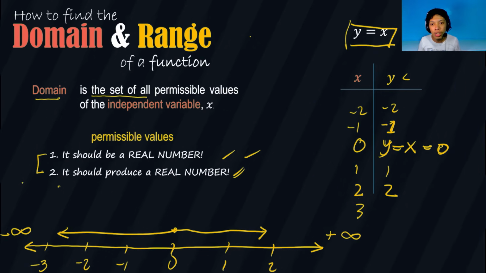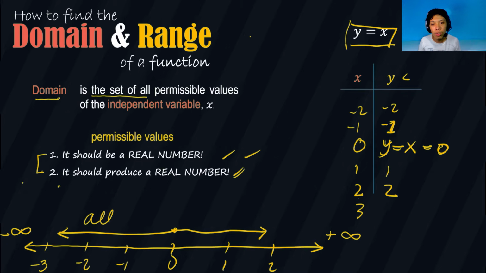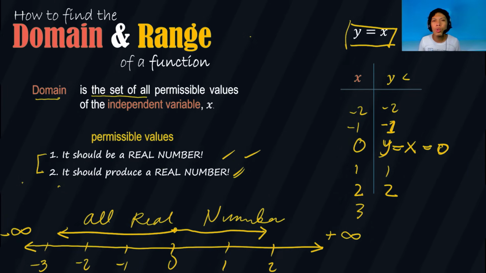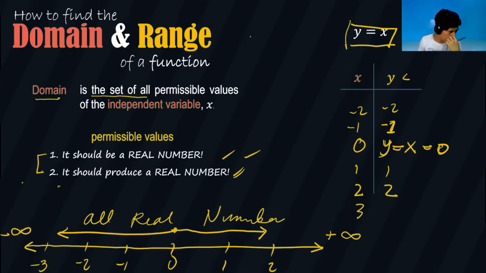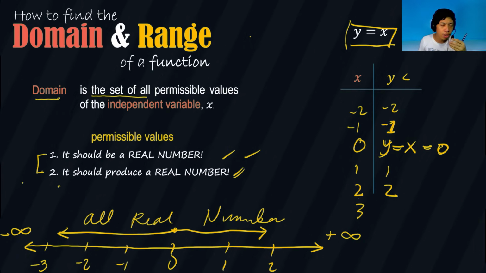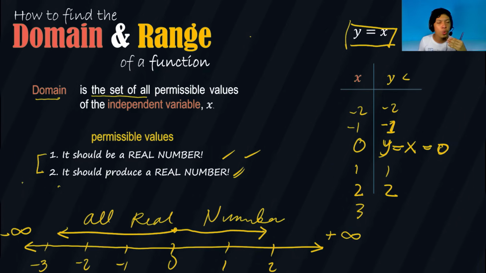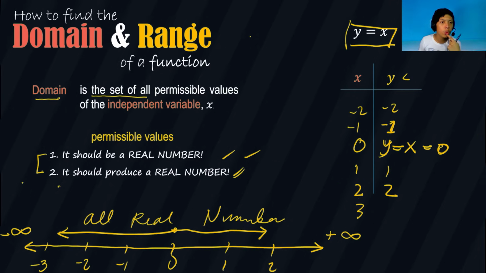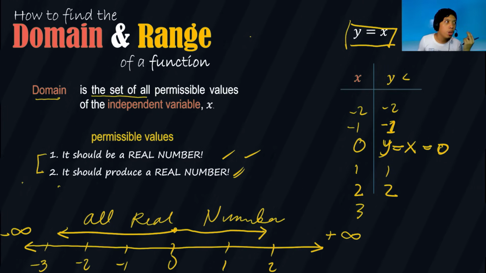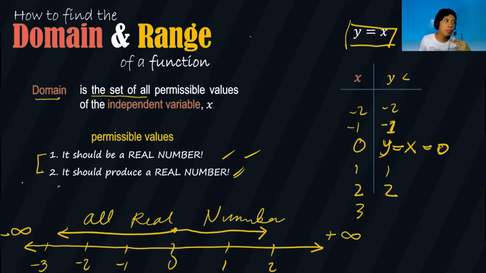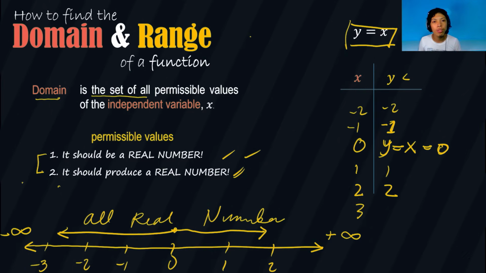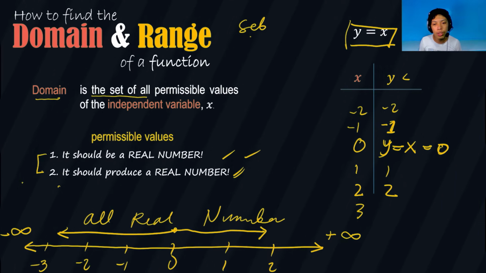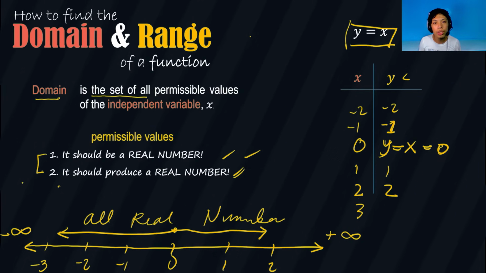So you would say the domain is all real numbers. But when we write our answer for the domain, there are two ways we can write it. We can write it in set builder notation. Let me just write it here.